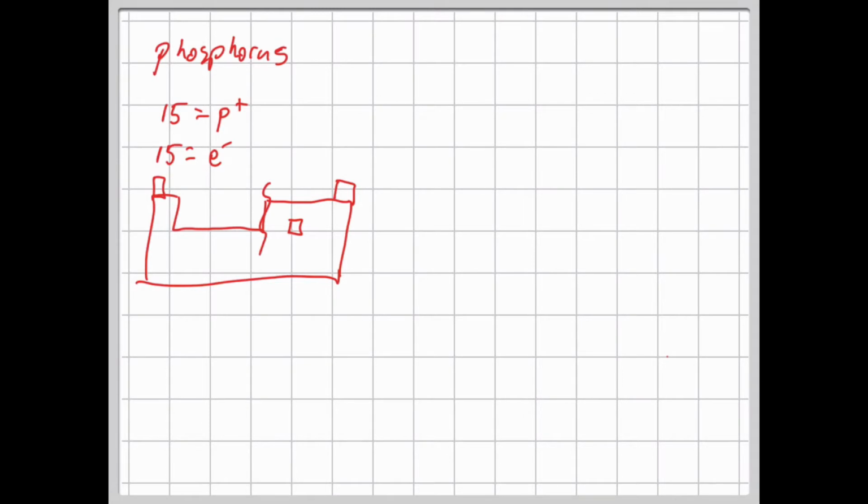Since we know that it's in this region I've highlighted, we know this is going to end in a p orbital. If it's in this region, it's going to end in the s orbital, and if it's in this one, it's going to end in the d orbital. Now the f's are all down here, so we know where we're going to be headed.